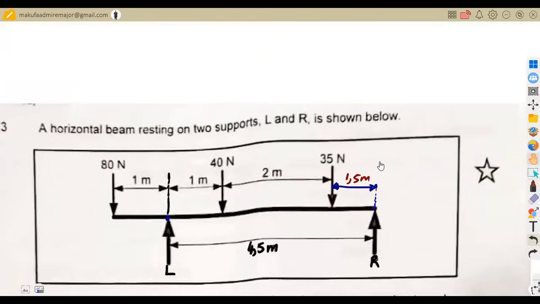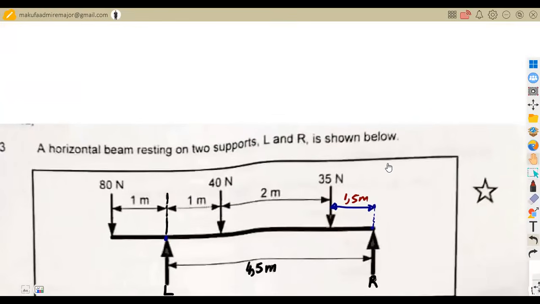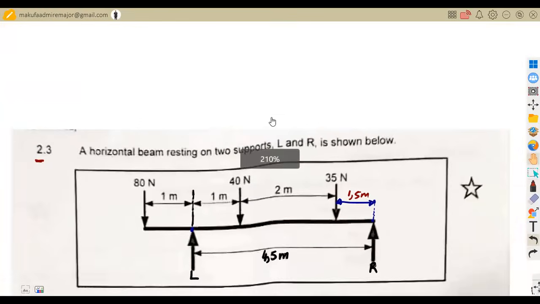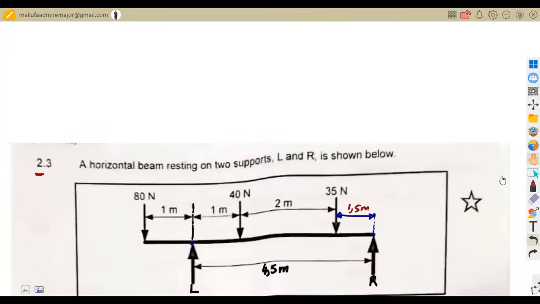If we wanted to start with moments about L, taking moments about L in this case, all right?